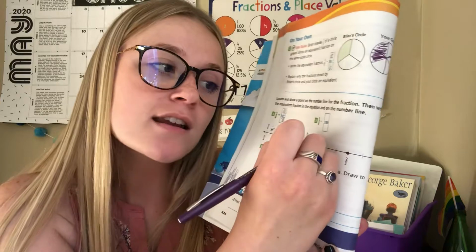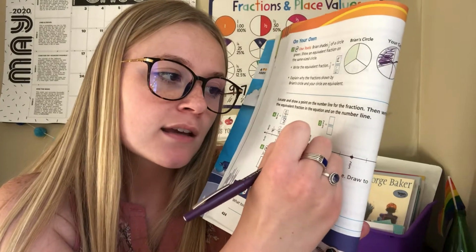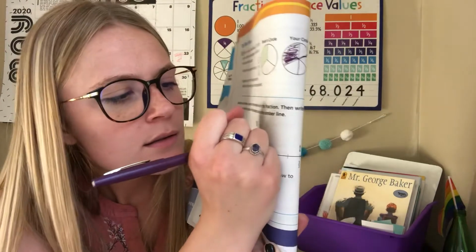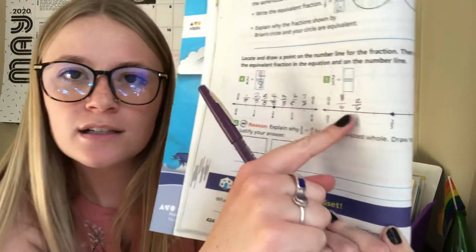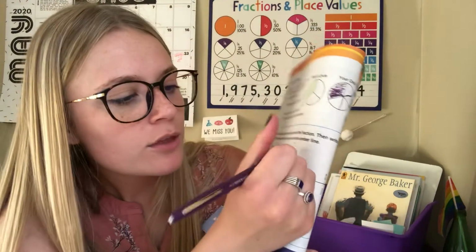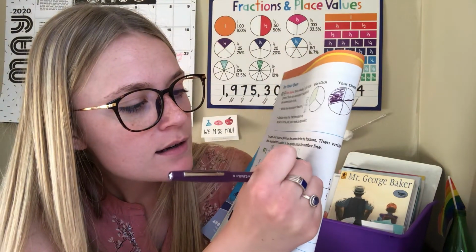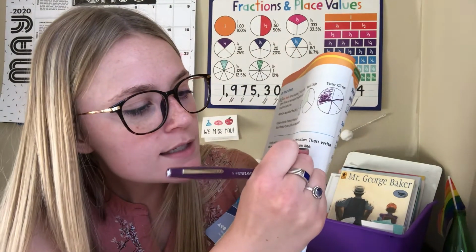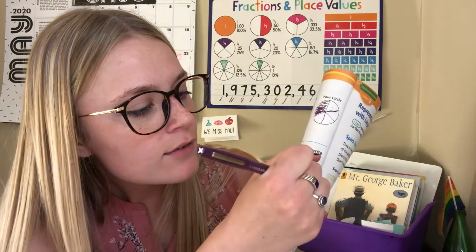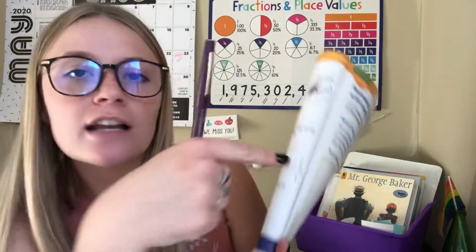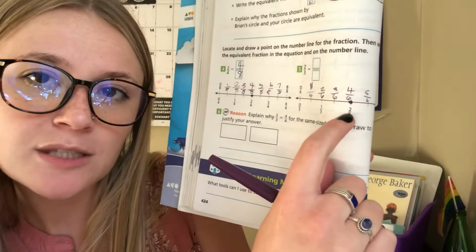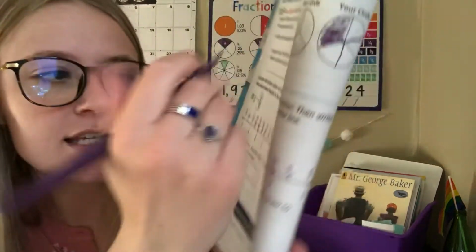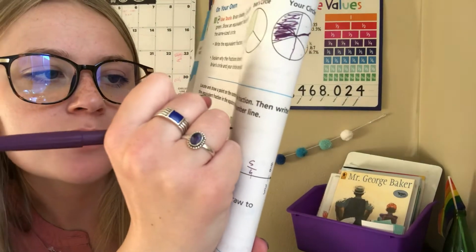So I'm just gonna count on. 1/6, whoops, 2/6, which is the same as 1/3, because they're on the same line, 3/6, 4/6, 5/6, and then finally 6/6. So 2/3 is on the same spot as 4/6. So 2/3 is equal to 4/6.